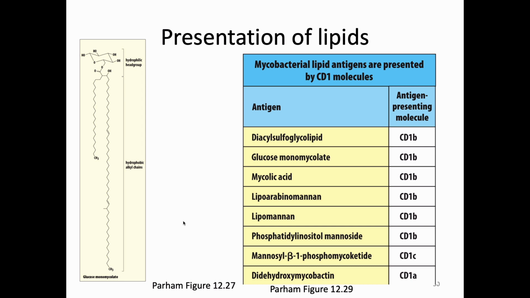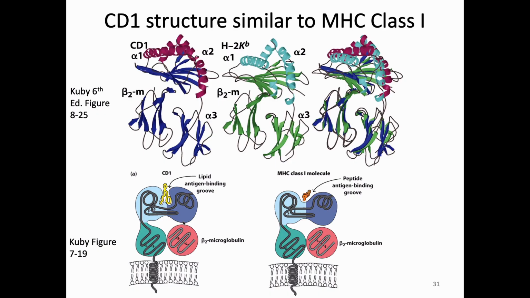There are different types of CD1, so you can see them listed here. I'm just going to call them CD1. And CD1 is able to present different lipids. If we actually look at the structure of CD1, it is almost identical to the structure of MHC Class I. So CD1 has one big alpha chain, and CD1 needs to bind to the partner beta-2 microglobulin, just like Class I does.